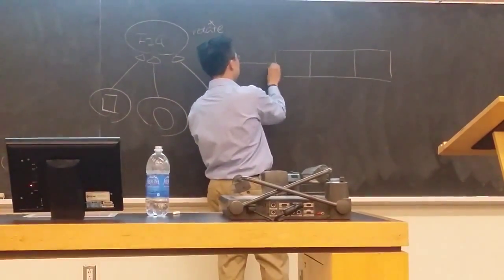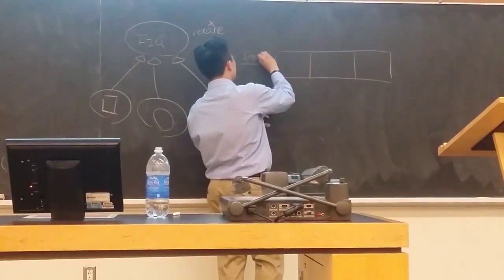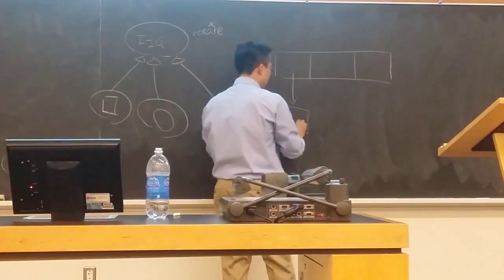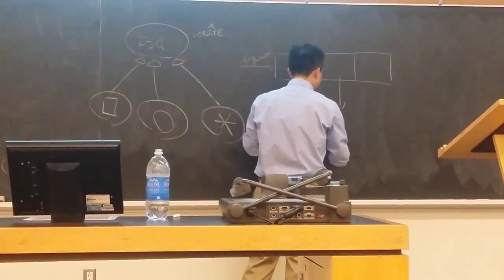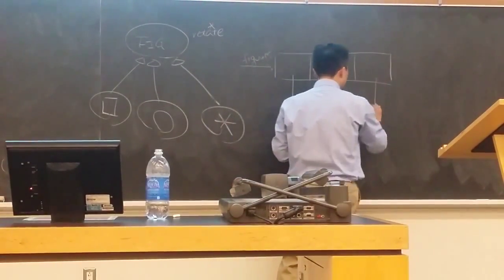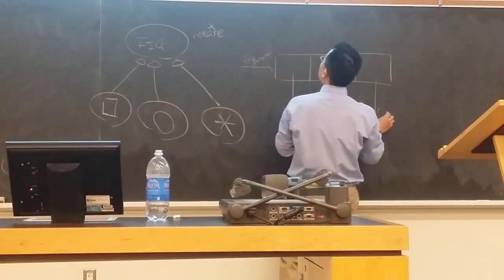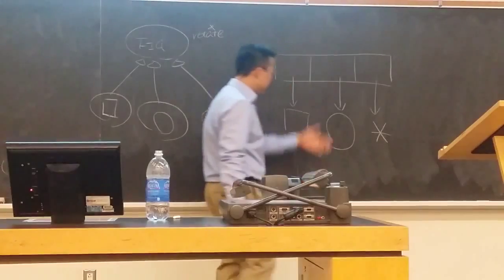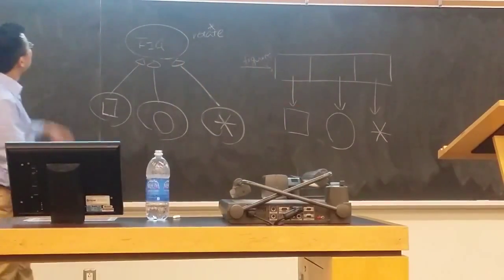So this is the figures. Let's say the first one is a rectangle, square, let's say. The second one is a circle. The third one is, let's say, a star. Okay, let's say this is the array we have.